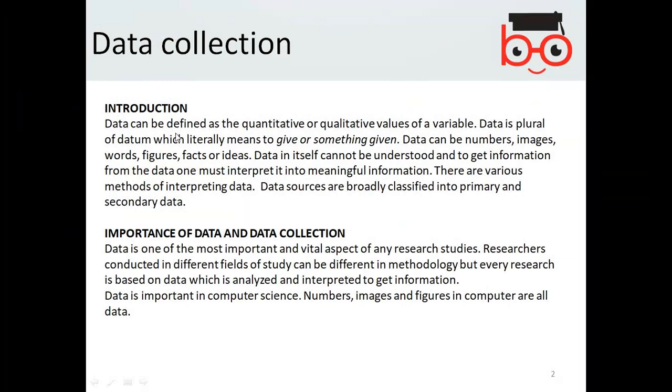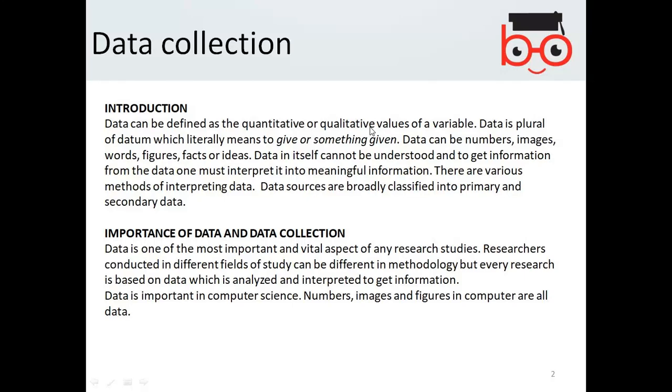So let us see what data is. Data, as an introduction, can be defined as quantitative or qualitative values of variables. Quantitative data is in the form of numbers.